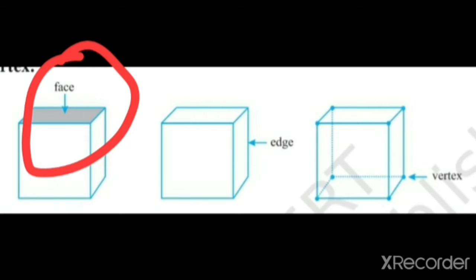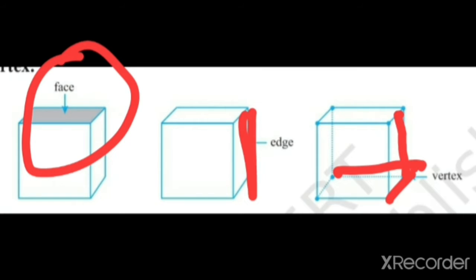It's called a face. Two faces meet at a line segment. This one is the line segment called an edge. And three edges meet at a point called a vertex. You can see 1, 2 and 3. Three edges meet at a point called a vertex. Got the idea of face, edge and vertex?